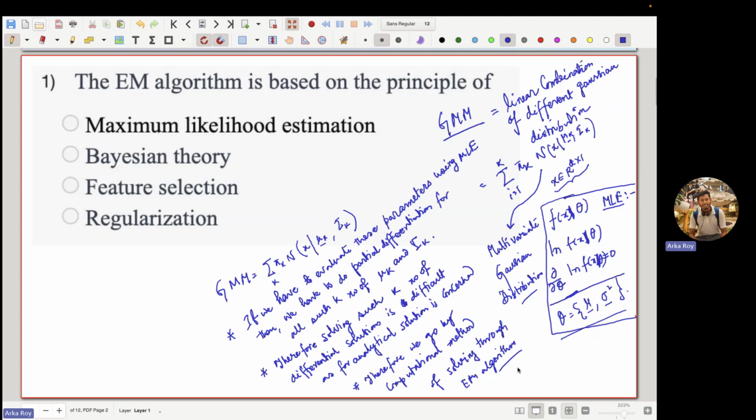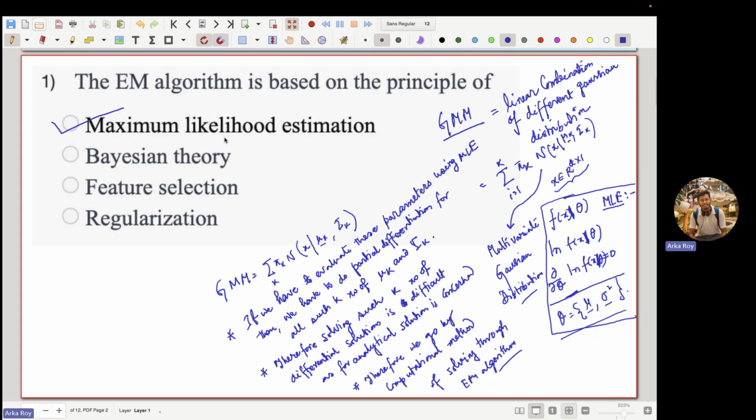The EM algorithm also tries to find these parameters with the basic notion of maximum likelihood estimation, because that is the main basis to evaluate the parameters. Because through maximum likelihood estimation only, we can evaluate the parameters. So therefore, the EM algorithm is based on the principle of maximum likelihood estimation.